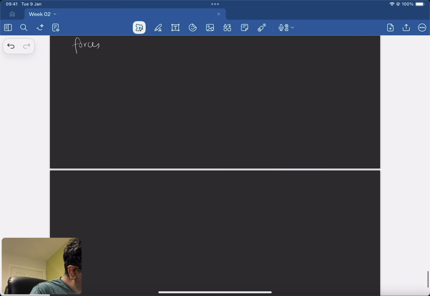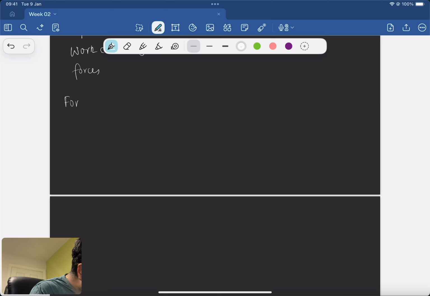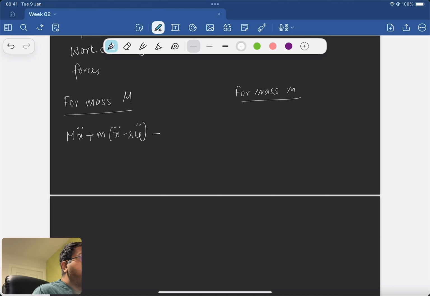Maybe I'll just write it out so it's easier. So for mass m, I have m into x double dot plus m into x double dot minus r into phi double dot minus of minus kx equal to 0.